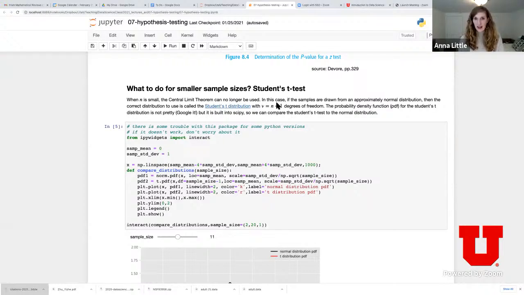And in this case, the test statistic is distributed according to a t-distribution, which we won't go into many details about what that looks like, but just so you're aware of it. The t-distribution is very similar to a normal distribution, except it has, as we saw earlier in the lecture, a little bit heavier tails.